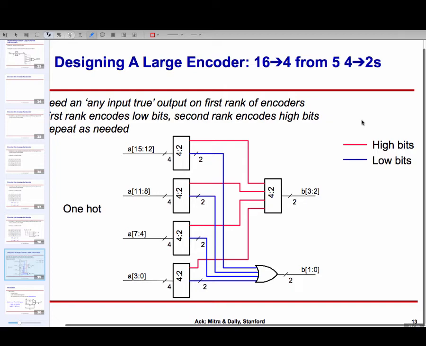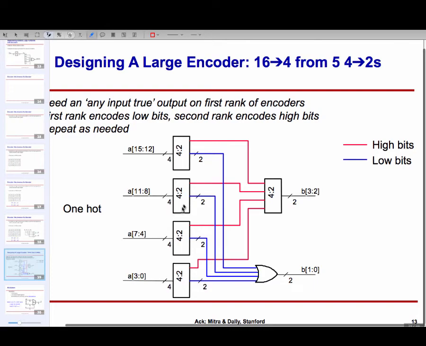Yeah, so 3 of them will be all zeros, right? Because my 16-bit number had exactly 1 bit as 1, right? That's why it's a 1-hot coded number. So that 1 bit, that high bit, will occur in one of these 4 encoders. So let's say A10 was high.